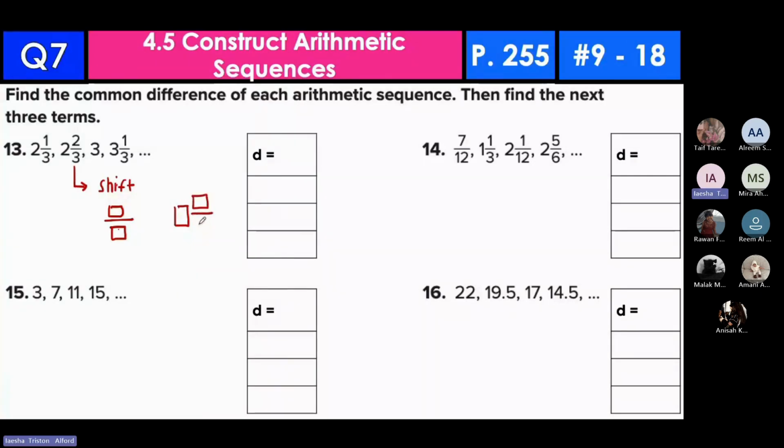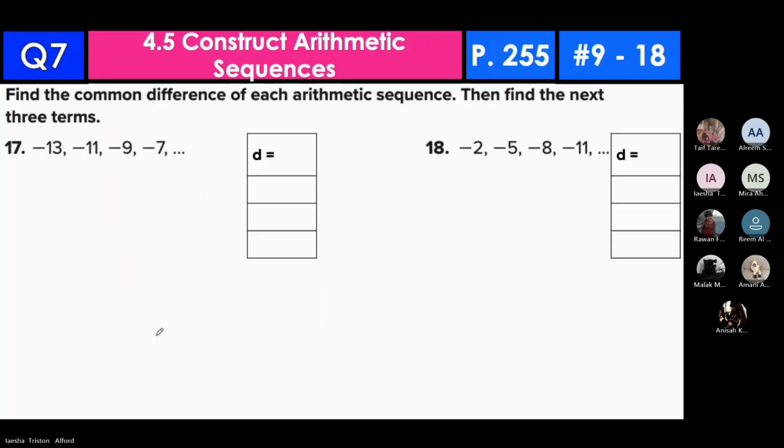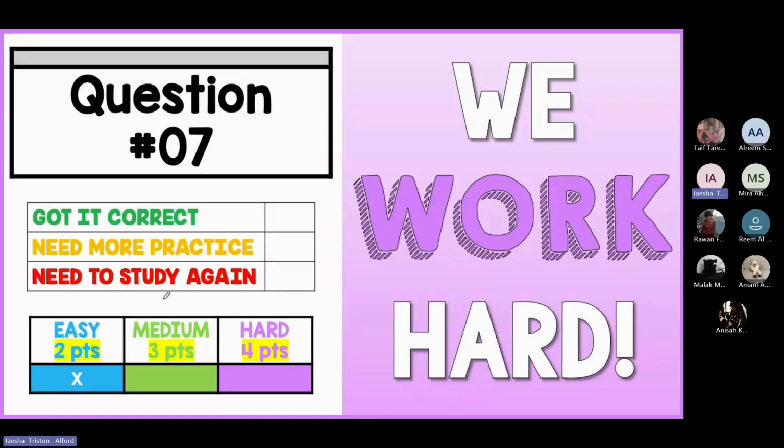So be careful about how to put the mixed number. Everybody see it? Okay. So that's how you get the mixed number. This one, I put it easy too.